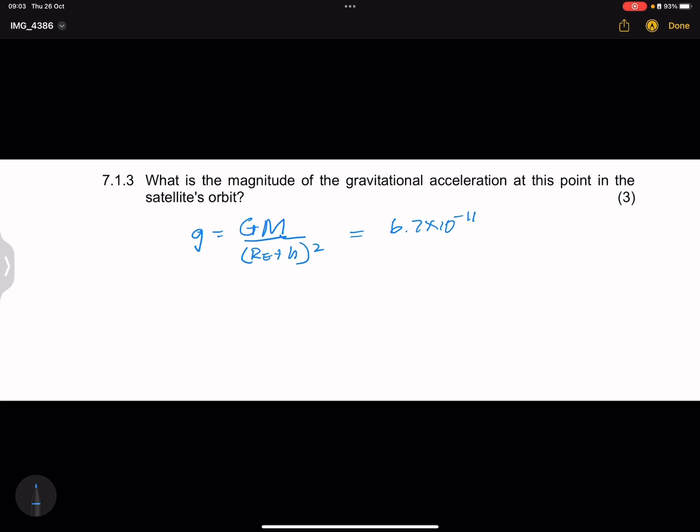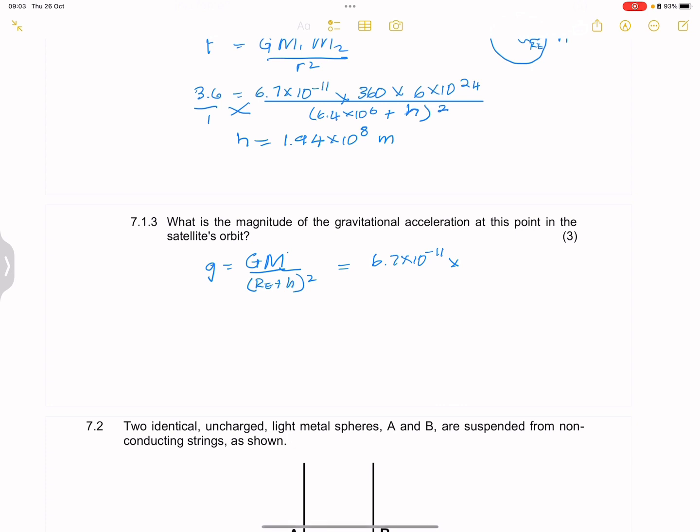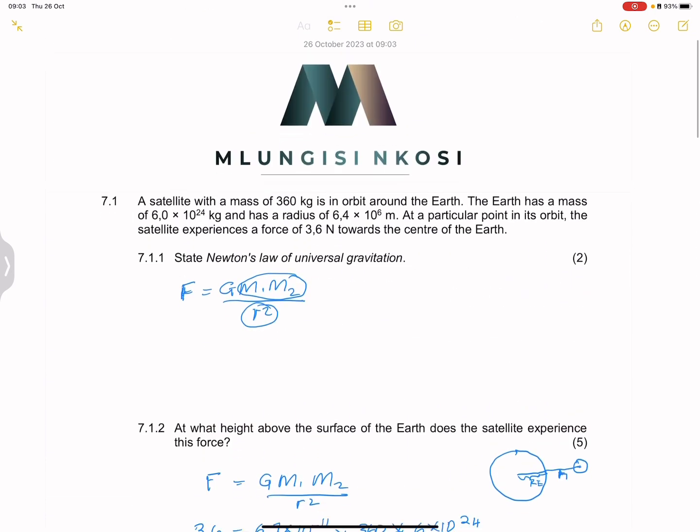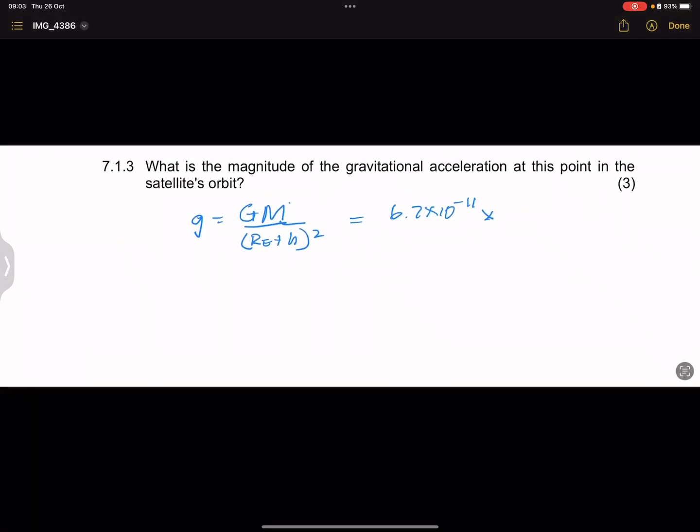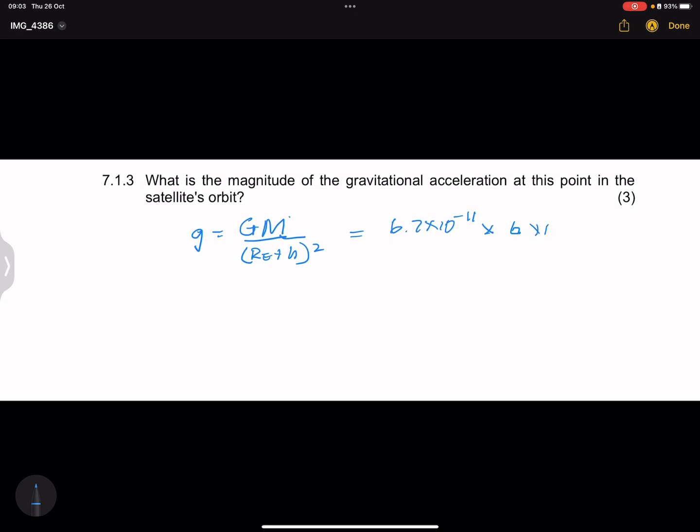By the way, you're given the value of G. That's multiplied by the mass of the earth, that's 6 times 10 to the power 24, and divided by the radius of the earth, we said 6.4 times 10 to the power 6, plus our height, we got 1.94 times 10 to the power of 8.